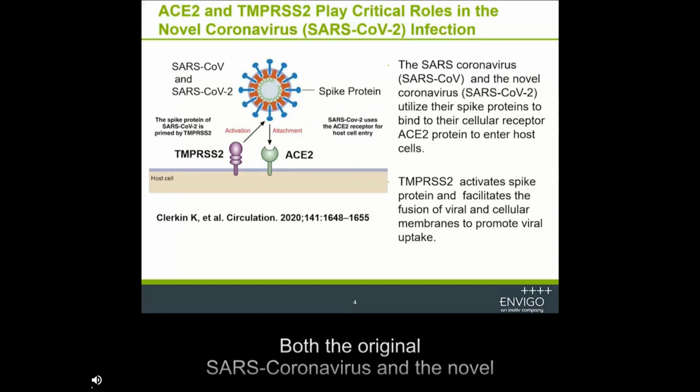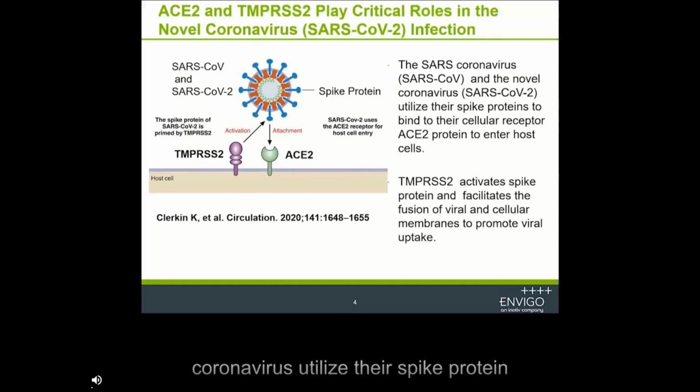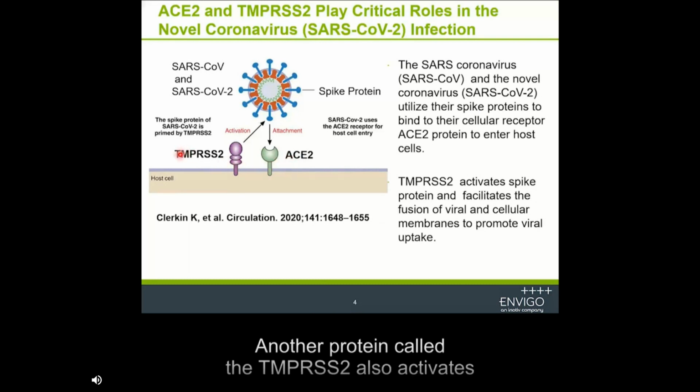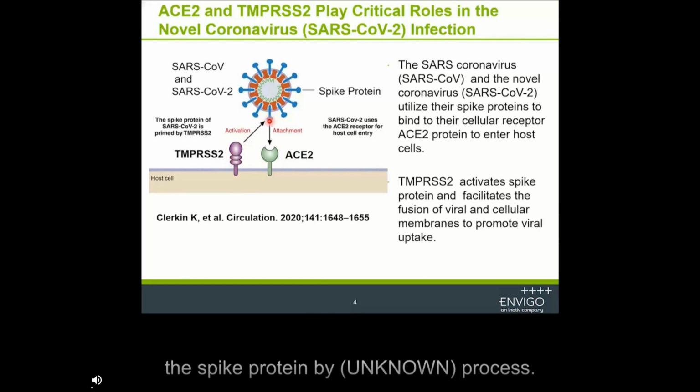Both the original SARS coronavirus and the novel coronavirus utilize their spike protein to interact with their cellular receptor, the ACE2 protein, to enter the host cells. Another protein called TMPRSS2 first activates the spike protein by a proteolytic process.